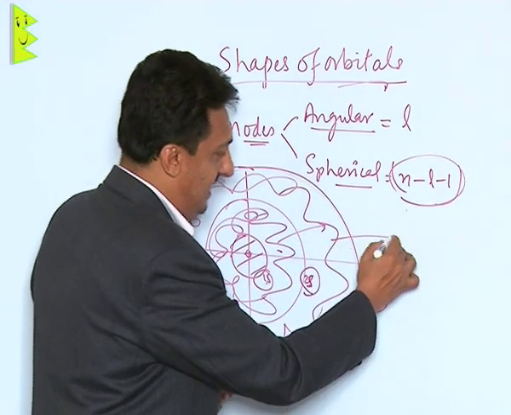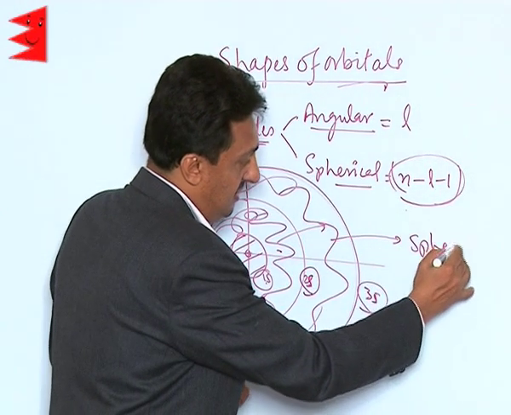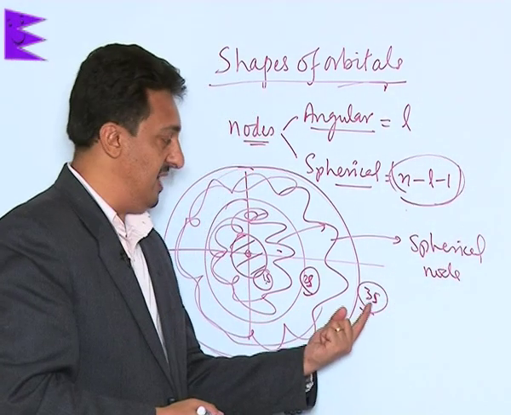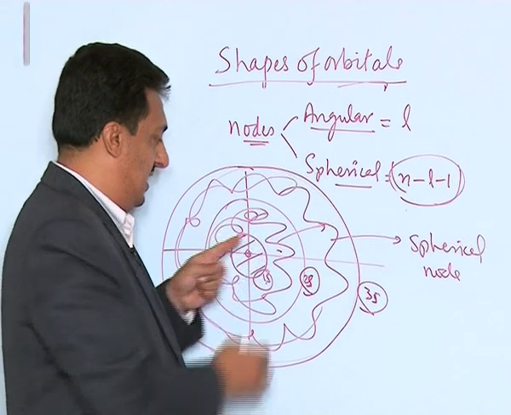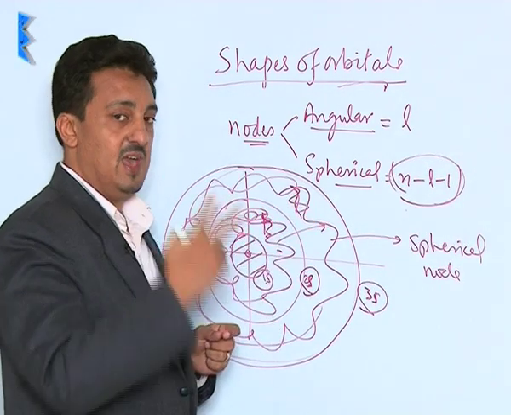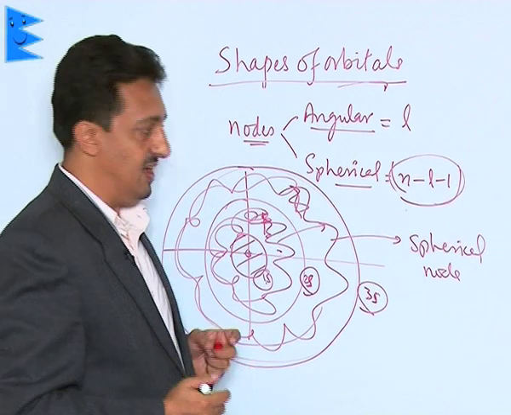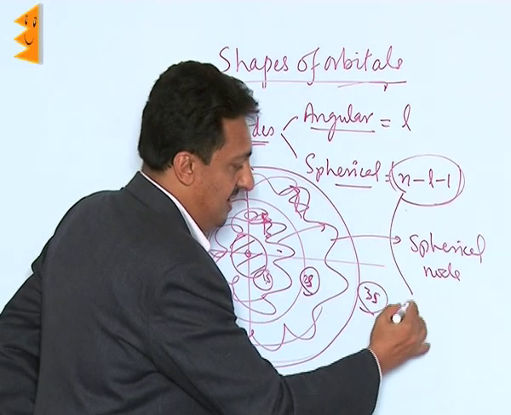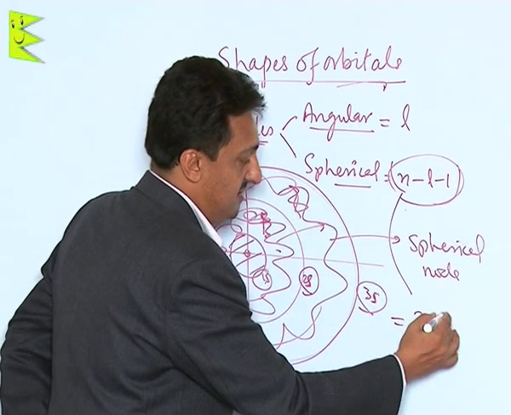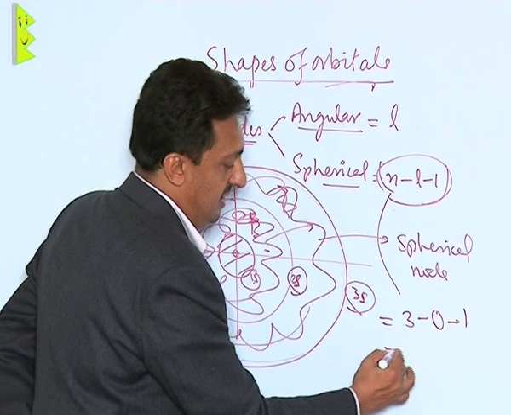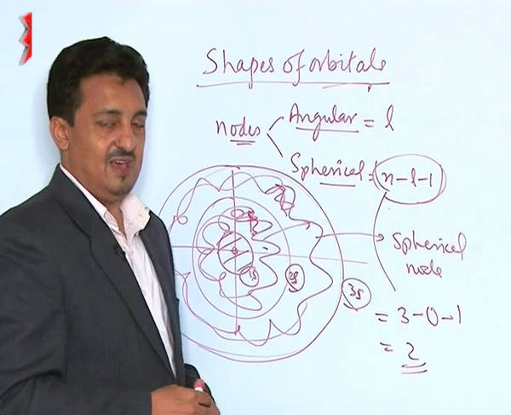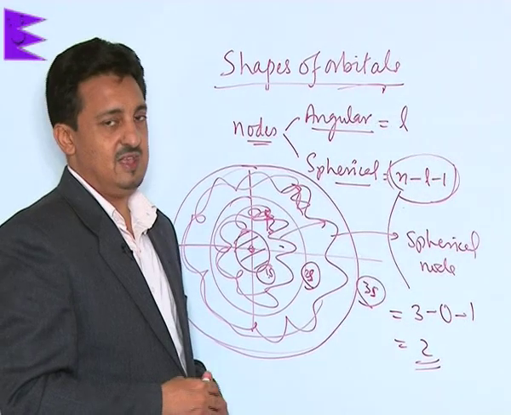So again this area is a spherical node. How many spherical nodes do we have for 3s? One, this shaded region, and this shaded region. So we have two spherical nodes for 3s, which we can easily get from this formula: n is 3, L for s is 0, so there are two spherical nodes. So this is how we have spherical nodes as well as angular nodes in the orbitals.